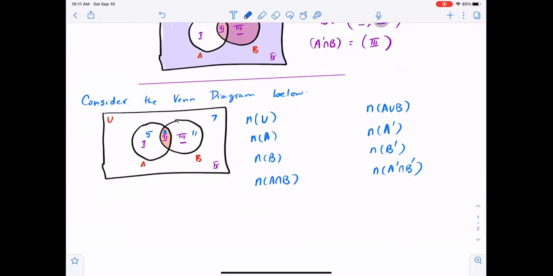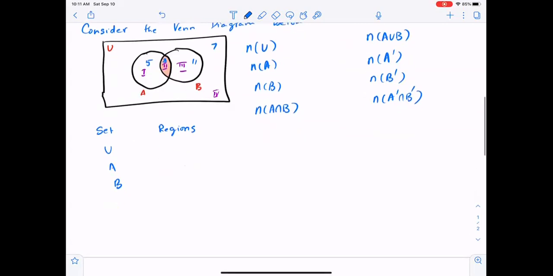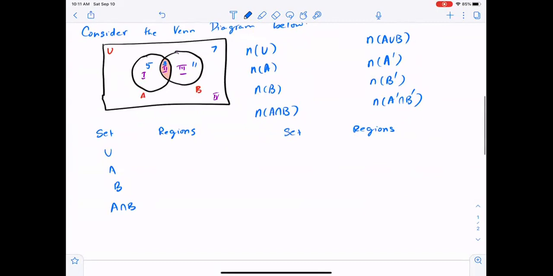Okay, first, let's find the regions corresponding to U. Let's see, set regions U, A, B, A intersect B, A union B, A complement, B complement, and A complement intersect B complement.